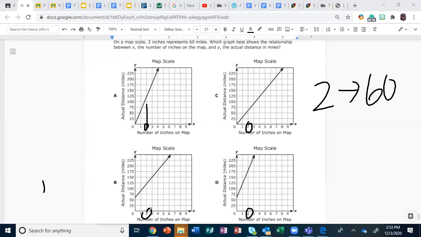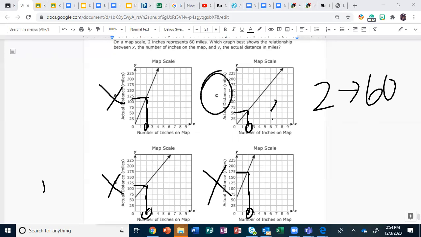On this 2, if I go up, that gets me somewhere between 100 and that. So that's out of the picture. 2 inches right here is something between 50 and 75. So that could be it. 2 right here is going to be close to 2. No, so that's not it. 2 right here is way too far, which is 175, which is not my answer. So the answer should be C.